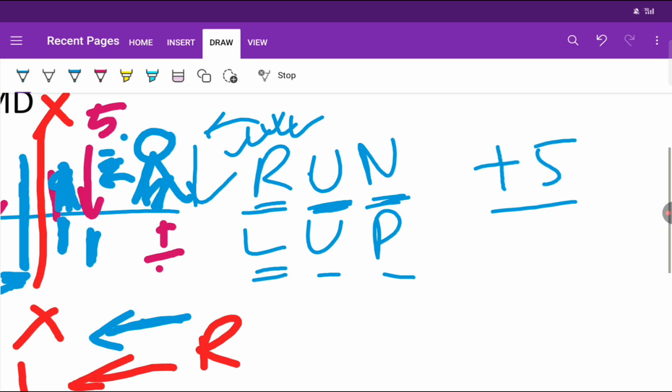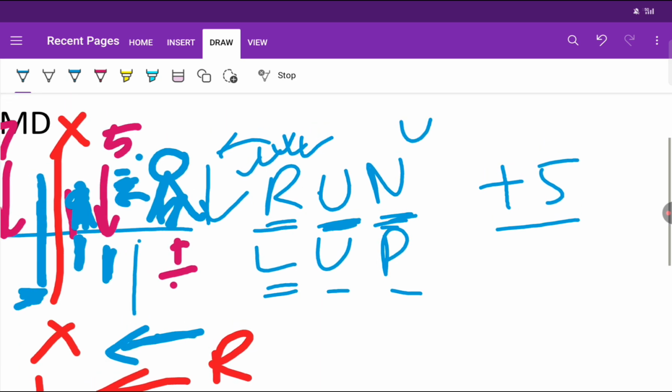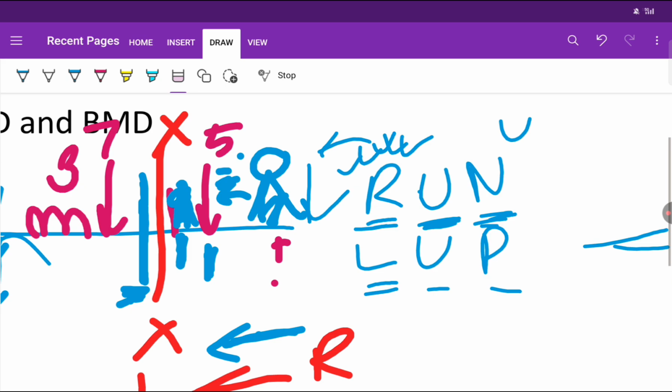Because right, upward, negative: if the force is upward in this direction, then we would consider it as negative. But here the force is acting downward, so we take it as positive. Understood? So at this distance we have 5 mangoes, whatever the magnitude, positive 5 mangoes.